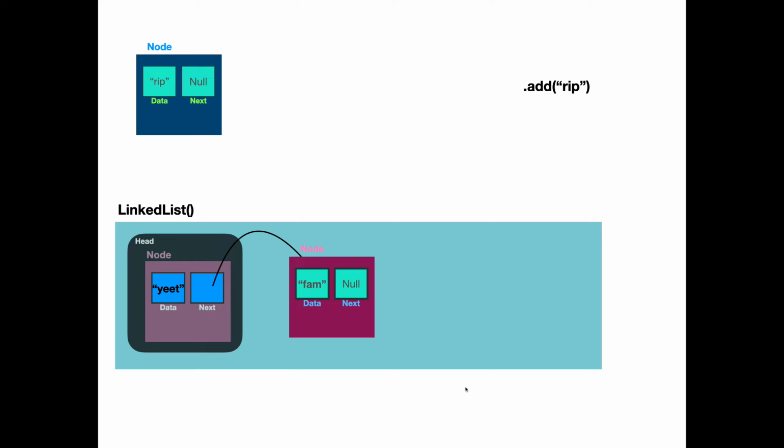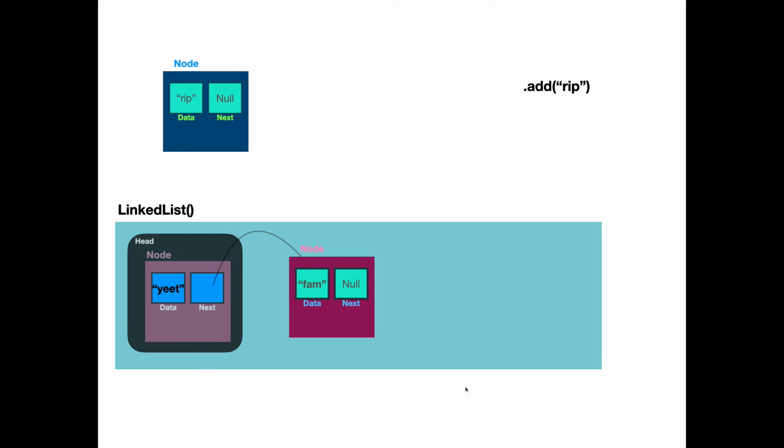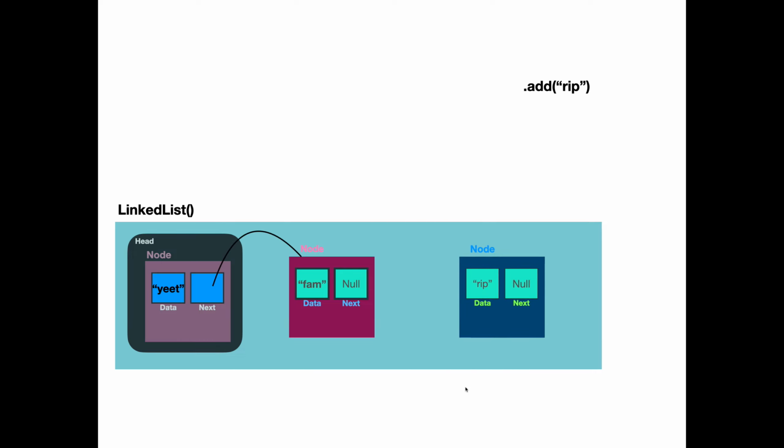We're going to put that inside of some data, and then we are going to put this at the end of the linked list. And instead of the second node's next being null, we're going to say that next is now connected to this node. And then we are all done.